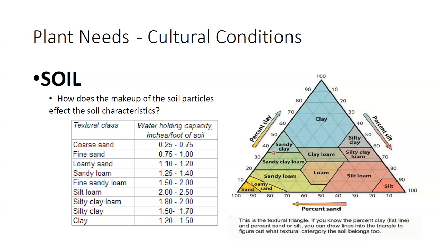Now, the flip side of that is the infiltration rate. How quickly can you put water down on these soils without the soil saturating and getting runoff? That table is pretty much opposite. Coarse sand's water holding capacity is very low, and its infiltration rate is very high.